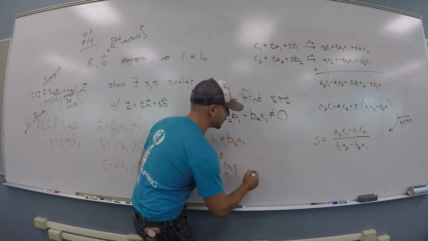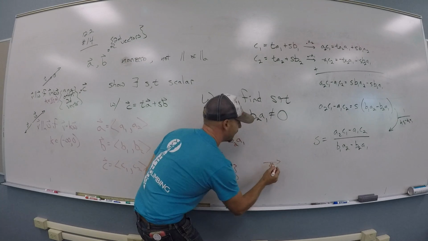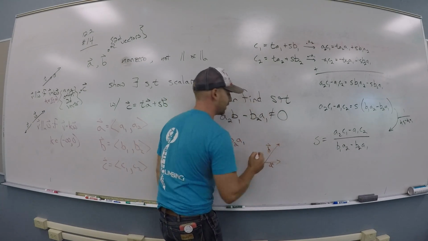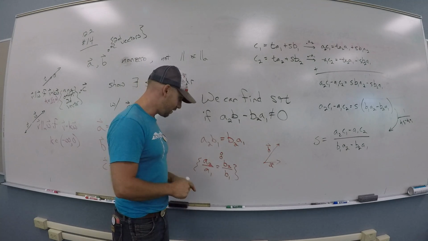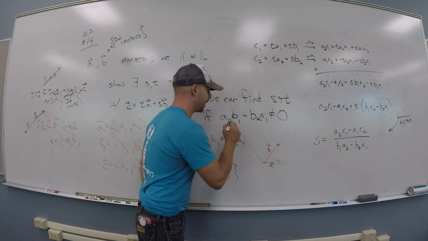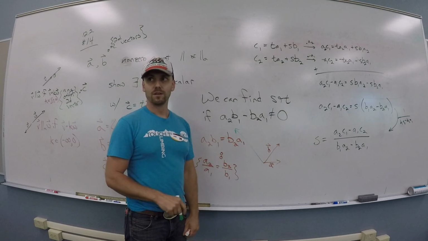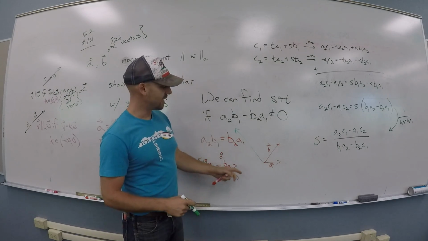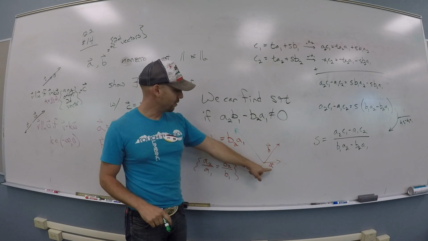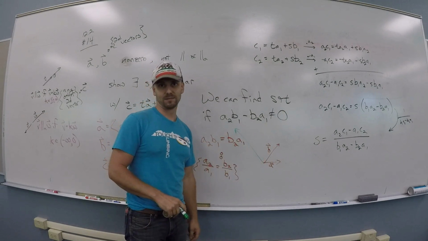The gist of this is you have a vector A that looks something like this, and a vector B that looks something like this. If you have another vector that looks like, say, this one, what this says is that you can always get to it by doing some A's and some B's.